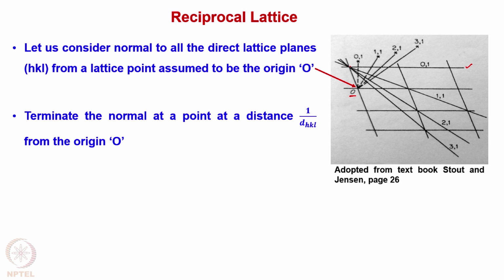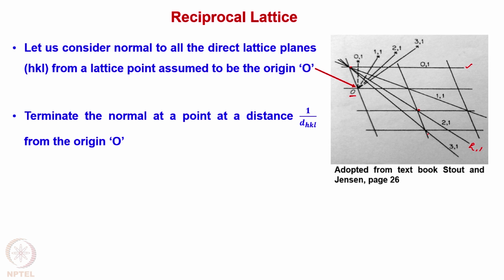The plane which starts from this point and goes through the second unit cell edge corner is termed 2, 1, and the one which cuts the third unit cell is called 3, 1. So we have four sets of different direct lattice planes drawn here.